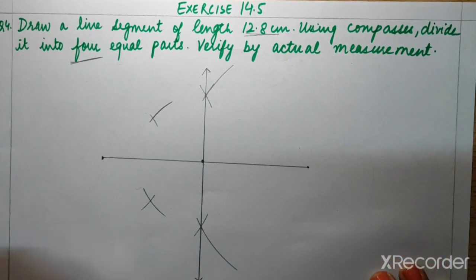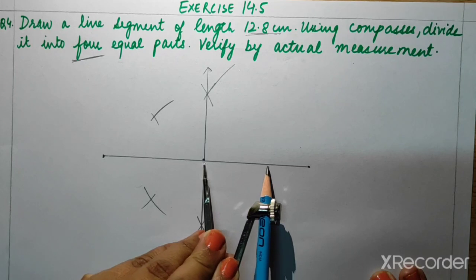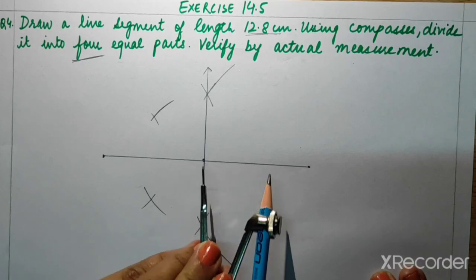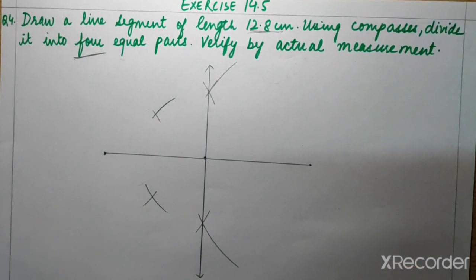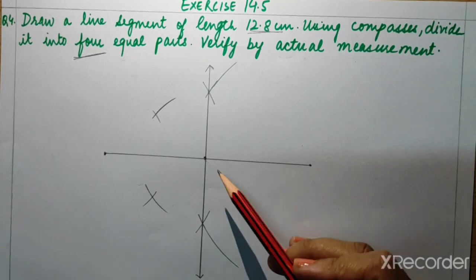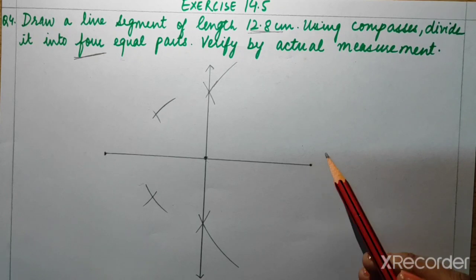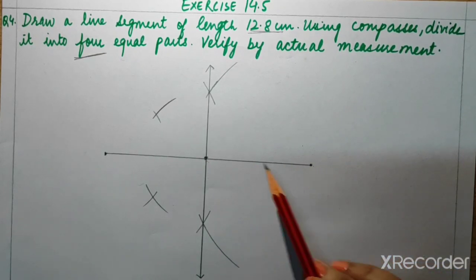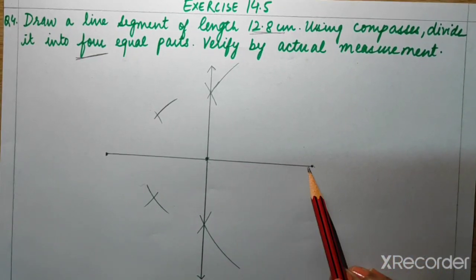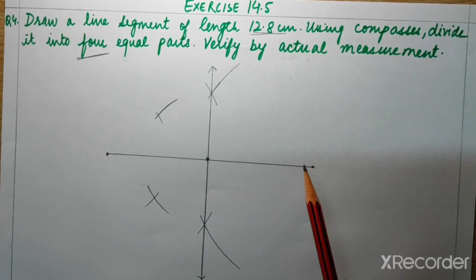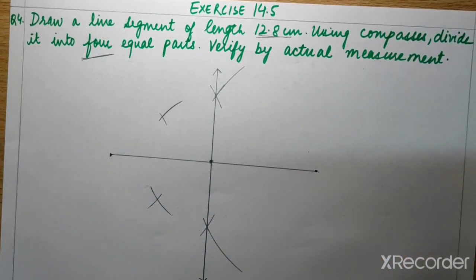Again you can check, this is also more than half of this. Now the 2 endpoints of the other half are this starting point and this ending point, right? So these are the 2 points from where you have to draw the 2 arcs to divide this other half into 2 equal parts, right?